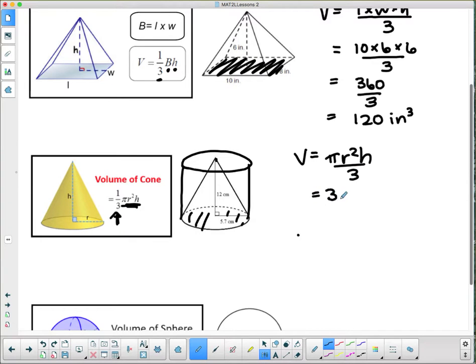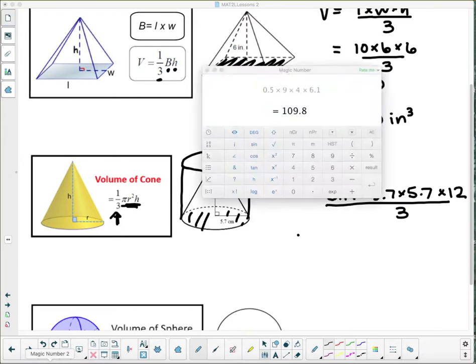So we're going to do 3.14 times the radius, 5.7, times 5.7. Remember, that's what r squared means, the radius times itself, and times 12 for the height. And then we're going to divide all that by 3. Now I'm not going to do that one in my head. I'm going to pull up my handy dandy calculator for that one.